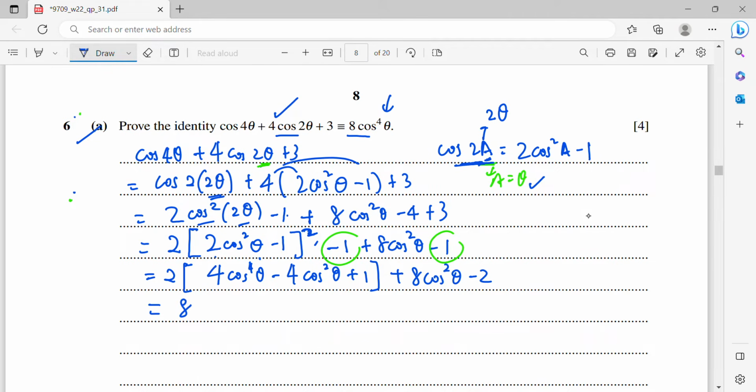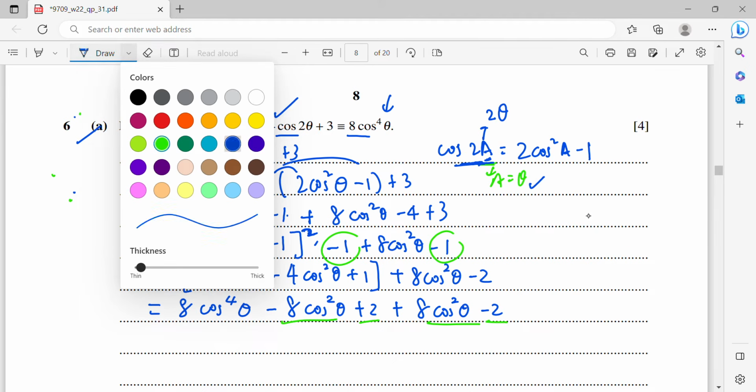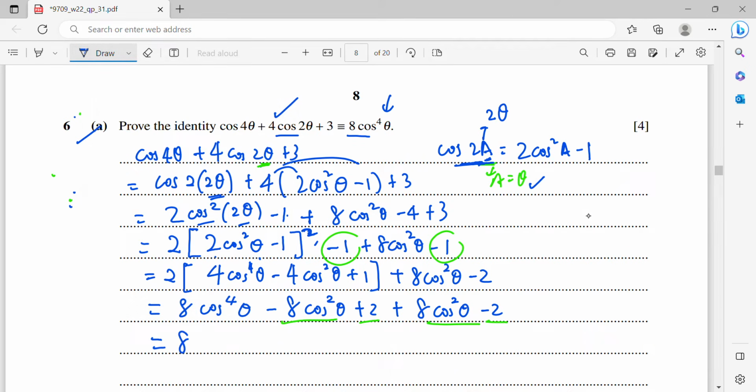I'll get 8 cos to the power 4 theta minus 8 cos squared theta plus 2 plus 8 cos squared theta minus 2. From here, minus 8 cos squared and plus 8 cos squared can be cancelled off, and plus 2 and minus 2 will be cancelled off. So we only have 8 cos to the power 4 theta.